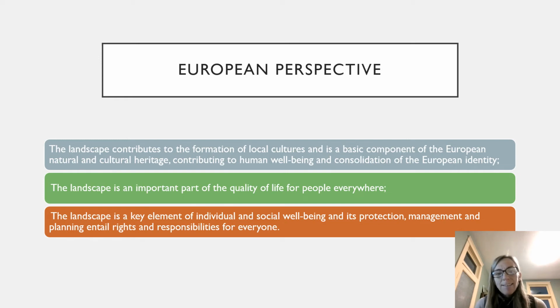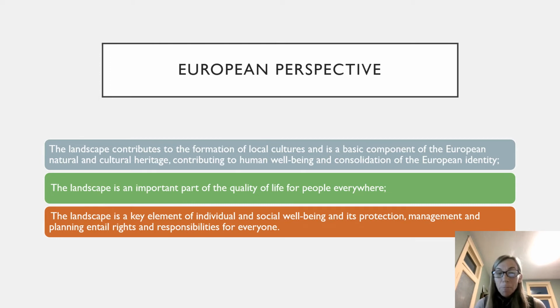The idea that landscapes contribute to the formation of local cultures and is a basic component of European natural and cultural heritage, contributing to human well-being and European identity. In recent years, we have actually seen more and more of these principles moving into some of the North American ideals as well.